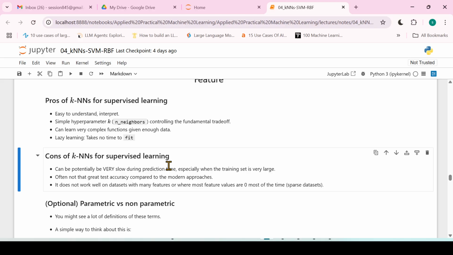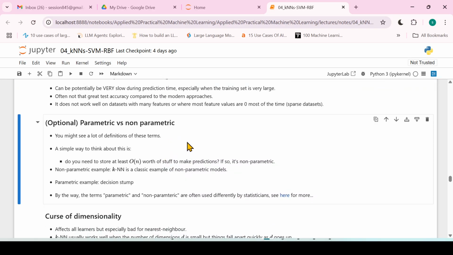So if we have a huge amount of data, prediction can take a huge amount of time. Also, it is not that great a model compared to the modern approaches, and it does not work well on data with many features. If you have a large number of features, or a sparse data set, it does not work well.